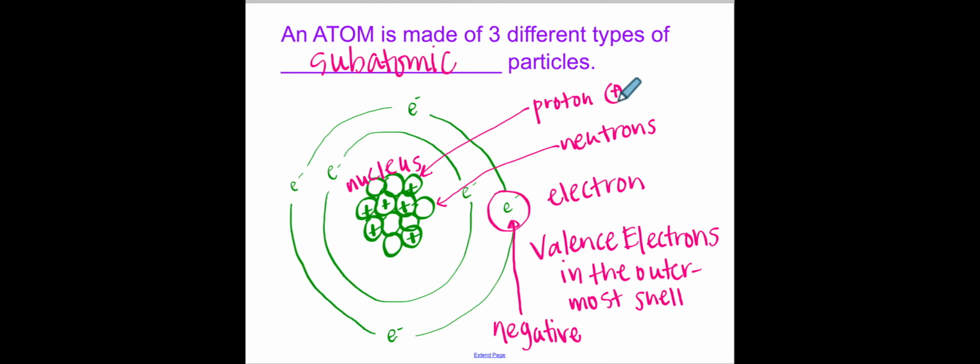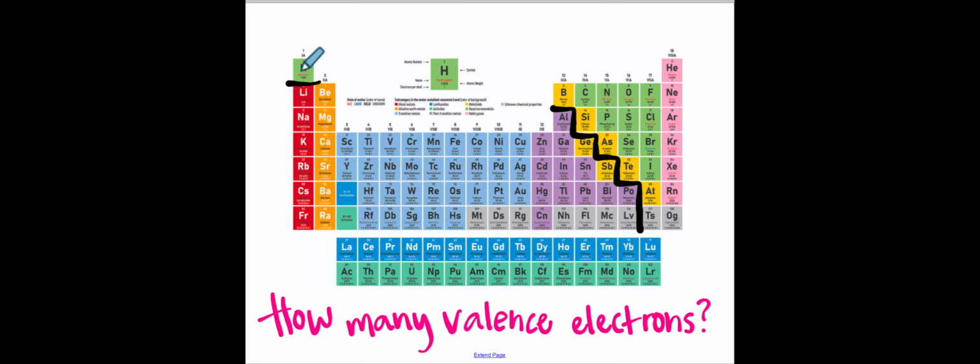So protons are positive, electrons are negative, and these valence electrons, the ones in the outer shell, are the ones that determine how an atom bonds. The elements in this first column are going to have one valence electron, and the 3A group, which starts with boron, all of those elements are going to have three valence electrons.